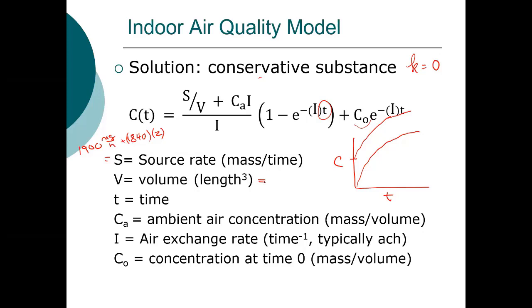For the problem that we're working on, 300 cubic meters. The time that we're asked to calculate the concentration at: we turn on the oven at 6 p.m., and we're asked to determine the concentration at 7 p.m. So T is equal to 1 hour, good. C sub A is equal to 0, good.